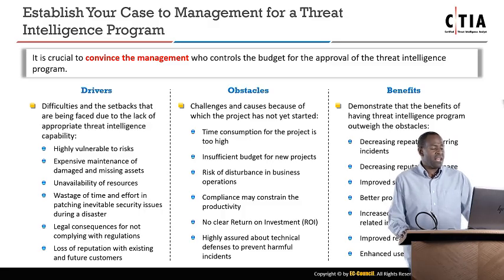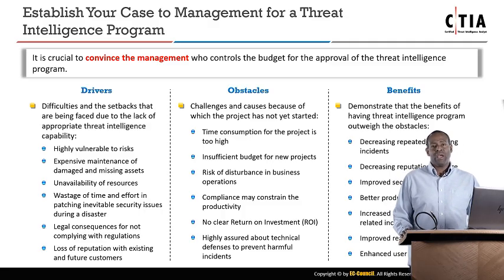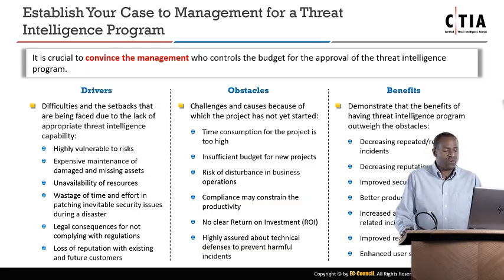So there are highly vulnerable areas in your organization that are vulnerable to risk. That's a driver for your organization, right? We have areas, we have assets that are vulnerable to risk. The next one is expensive maintenance of damaged and missing assets.